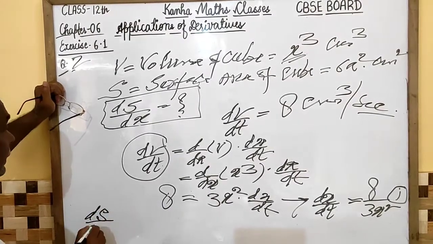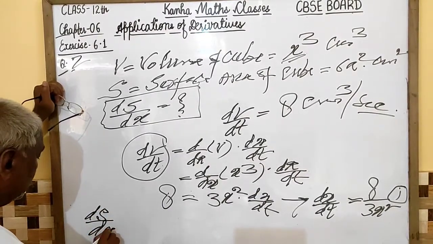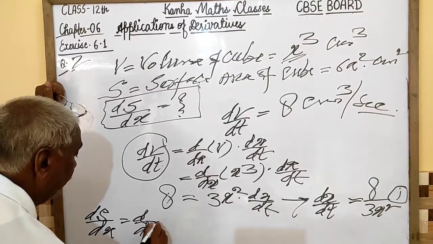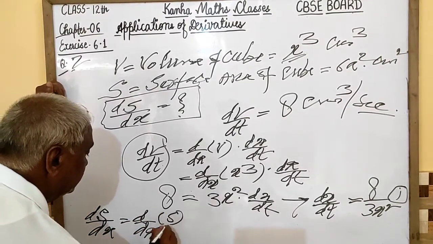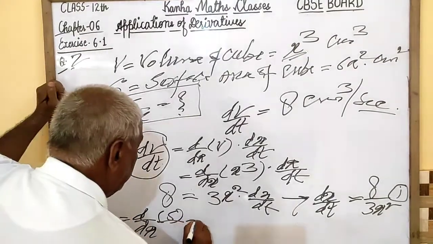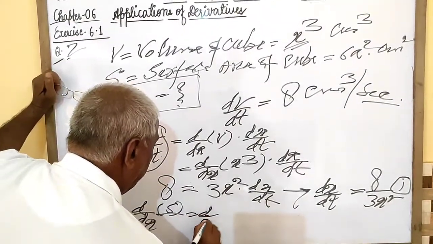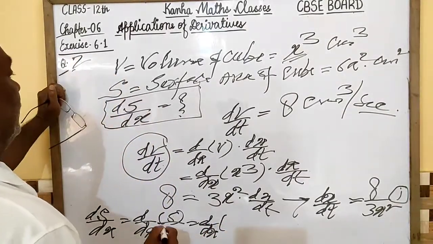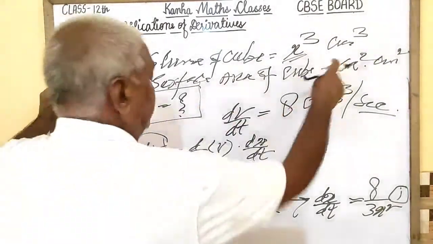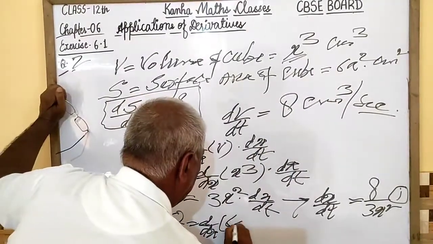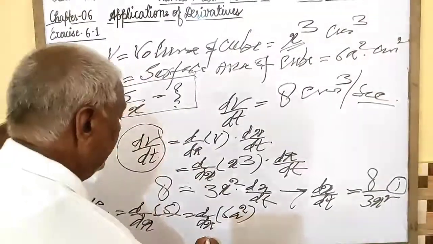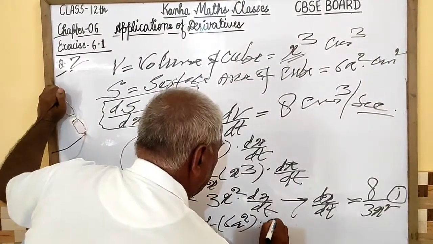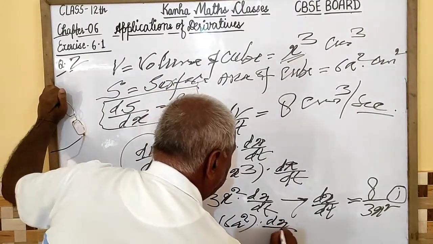ds by dx is equal to d dx of s, means d dx of s, where we have already been given s is equal to 6x square, and here by chain rule dx by dt.